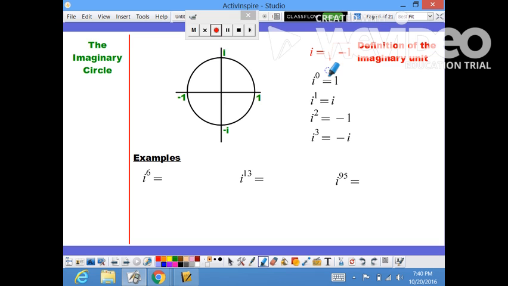So, when you start off at 0 degrees, you go straight over here. That's just a line at 0 degrees. All right, it doesn't form an angle. So we say that i to the power of 0 is 1.